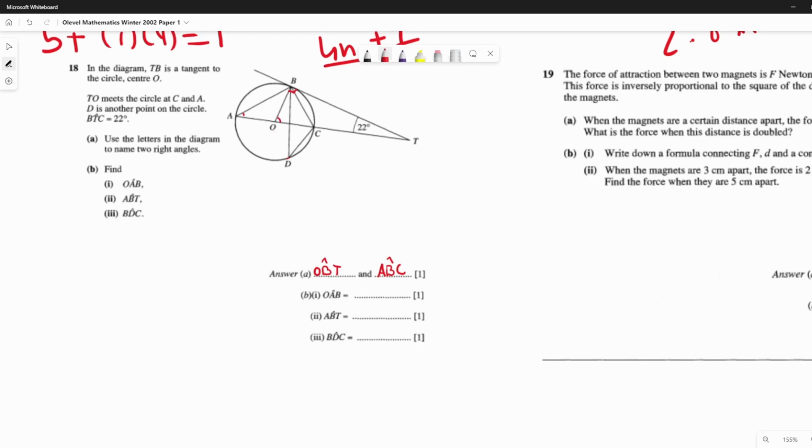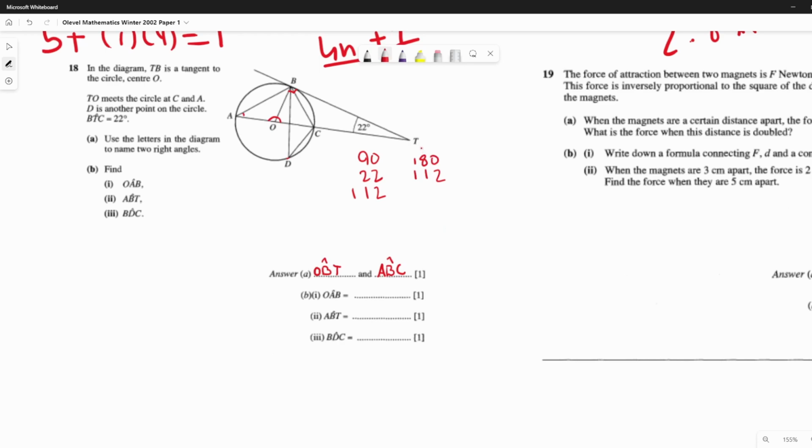So add these two, these are 112, and then a triangle has 180 total internal angles, so we just subtract 112 from that.